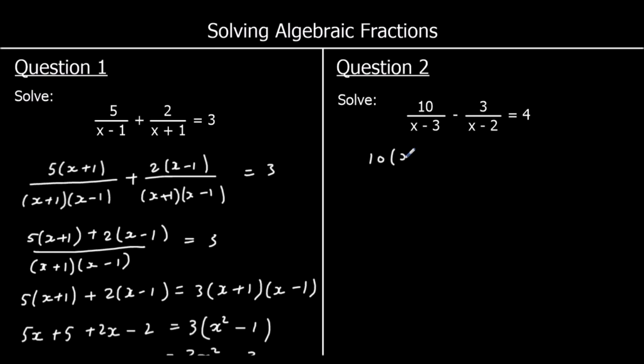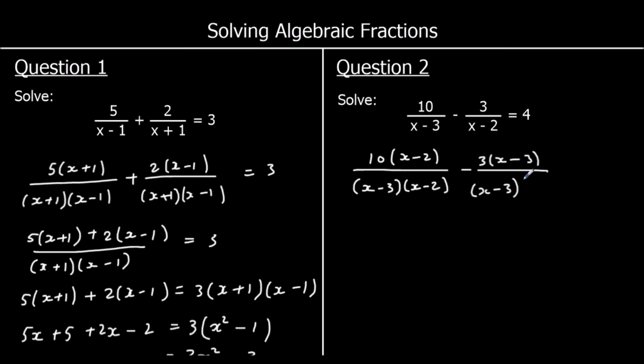So 10 times x minus 2 over x minus 3 times x minus 2. And multiply top and bottom of 3 over x minus 2 by x minus 3. So 3 times x minus 3 over x minus 3 times x minus 2, and that's equal to 4.